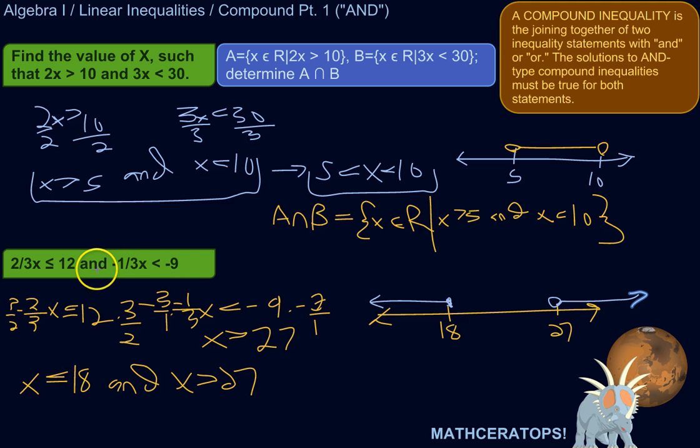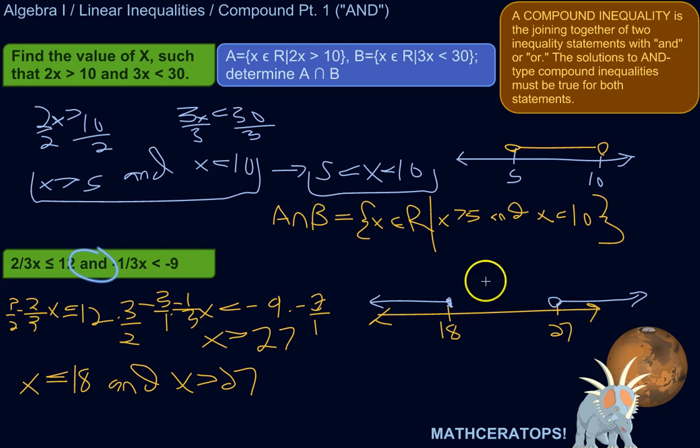So individually you'd be okay. If it were just 2/3 x is less than or equal to 12, I could solve that. This would be a graph of the solution set. But because I'm saying both these things have to be true, x has to be less than or equal to 18, and x has to be greater than 27.